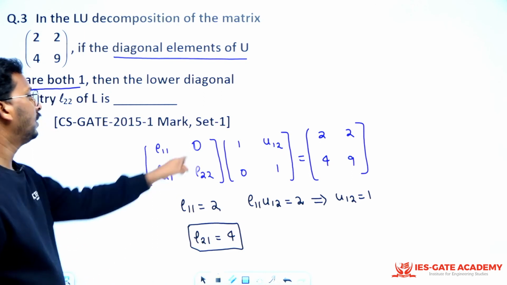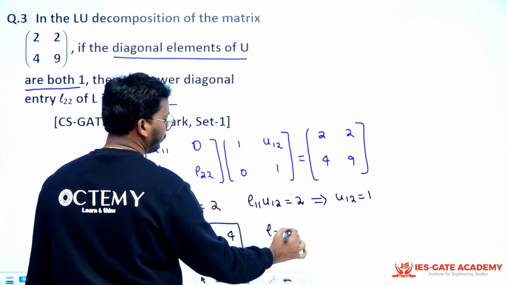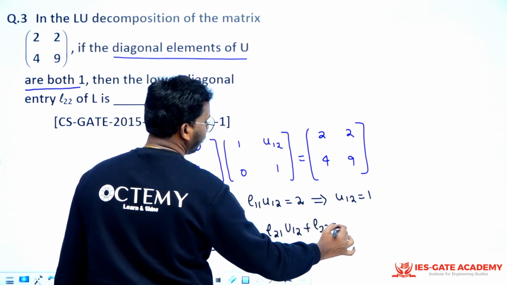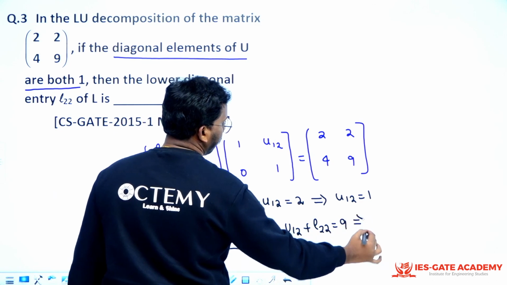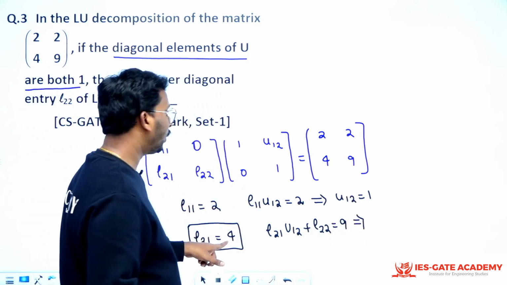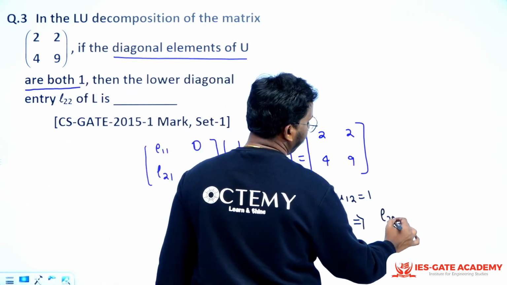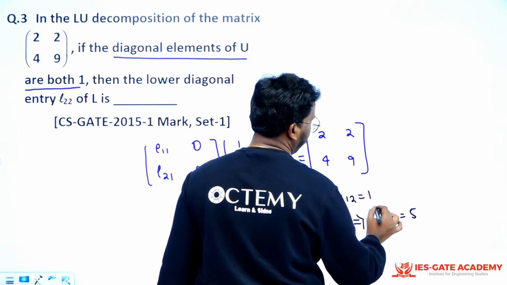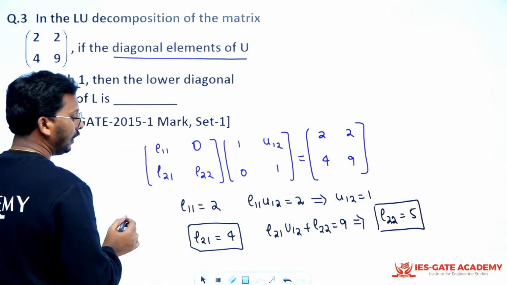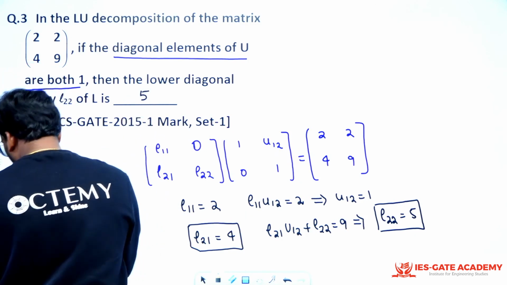And this into this, L21 U12 plus L22 is equal to 9, which implies what will be your L22? This is 4, this is 1, so 5 it will become. L22 will be equal to 5. So here the value of L22 is basically 5.